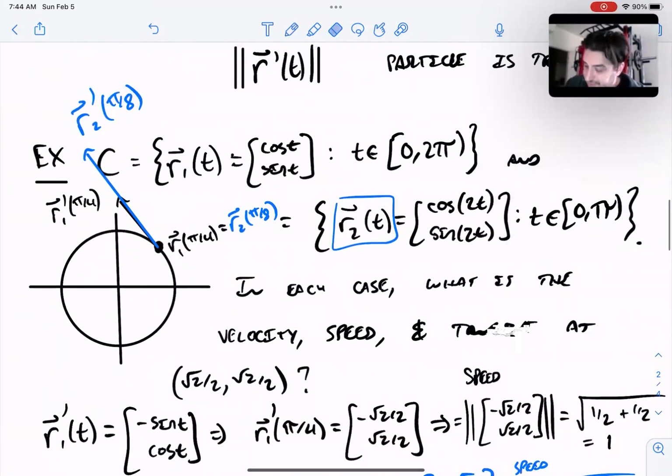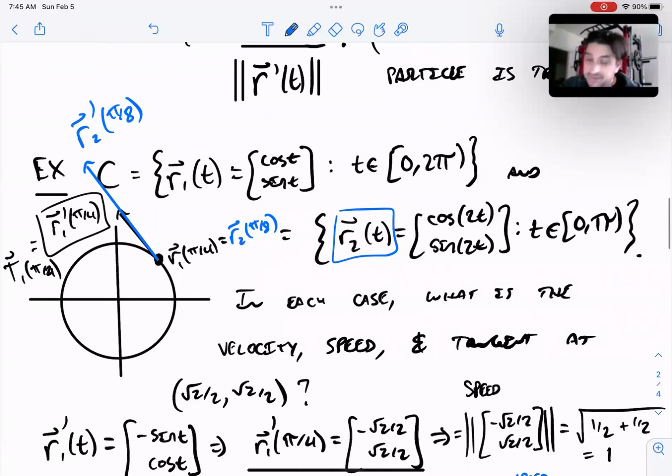Basically, this velocity vector, the r1 velocity vector, was already unit length, right? So this was already equal to t1 of pi over 4. That already was the tangent vector, but this blue one, this was magnitude of 2, right? So dividing by the speed would shrink it down to be just unit length, right?